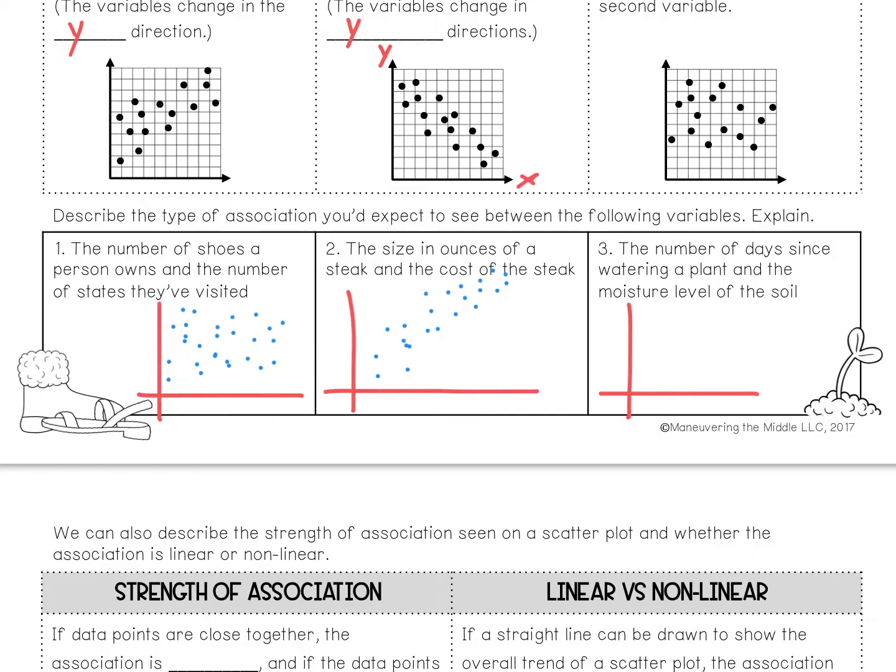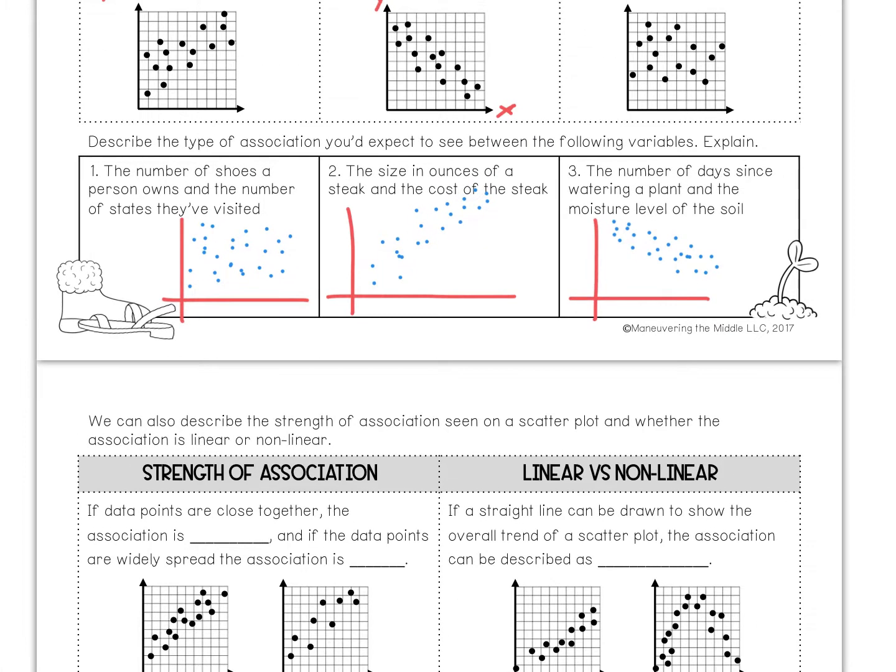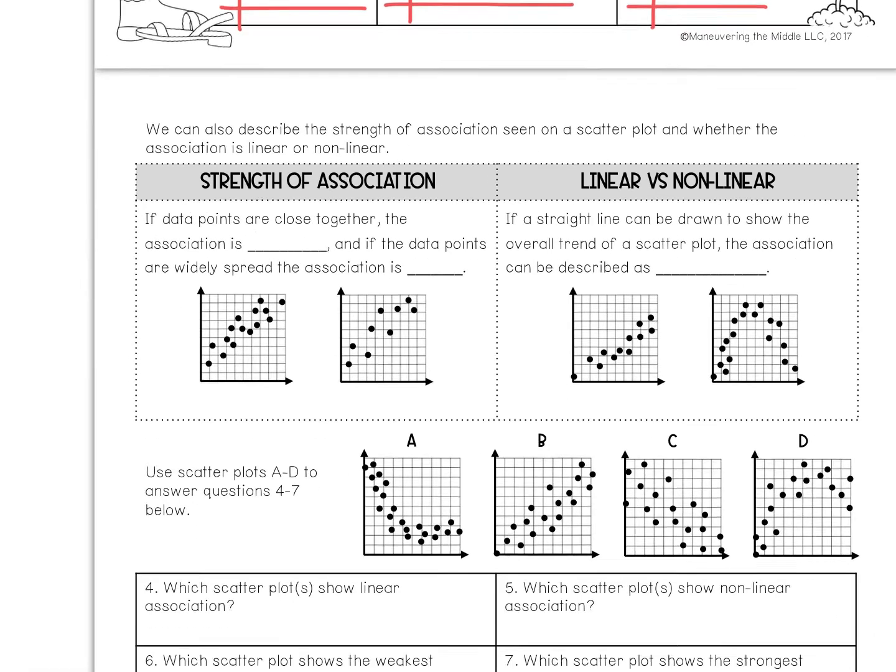The moisture level starts off at a really high level, and as time goes by, the water evaporates from the soil and gets used by the plant, so the moisture level goes down. So we've got no correlation, a positive correlation, and a negative correlation.